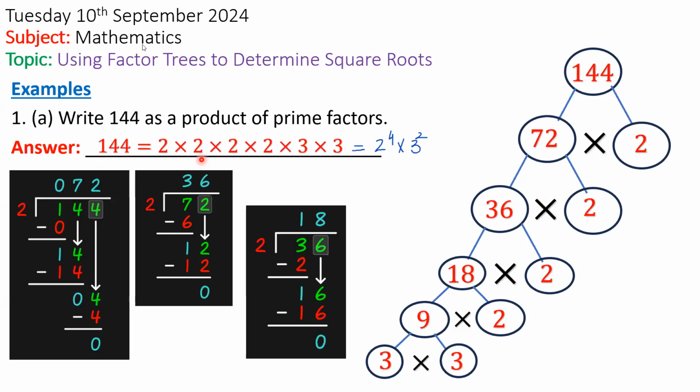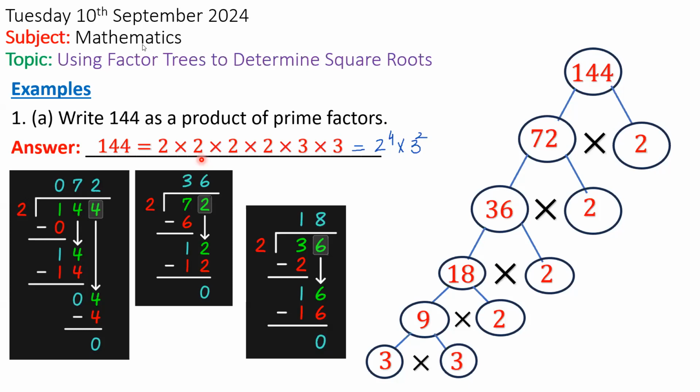To start it off, we need to find out which prime number can go into 144. Since it ends with an even number, we can determine that 2 can go into it. So 144 divided by 2 gives us 72. That can still be broken down because it ends in an even number.